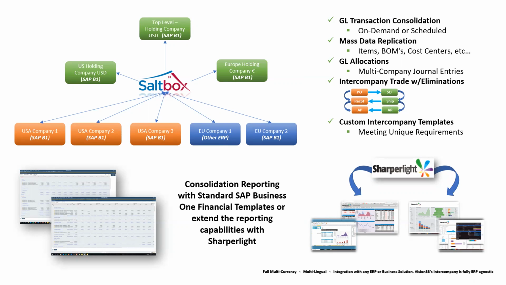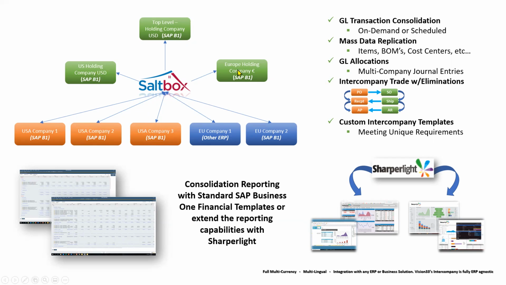Now, there are some reporting options. All of the standard reports in Business One will work perfectly. So if all you need is a P&L down here, then you would log in to this company and run a P&L. If I'm at a holding company and I want to run a P&L for that company, then I use my segmentation in the GL to scale down what companies I want to look at when I run my P&L.